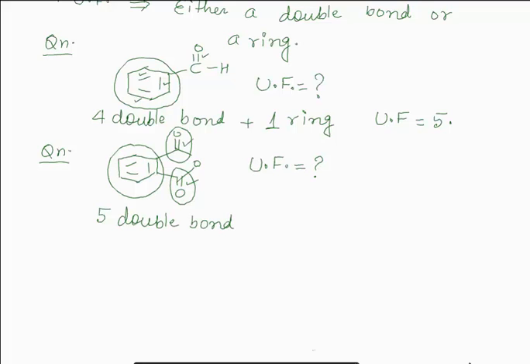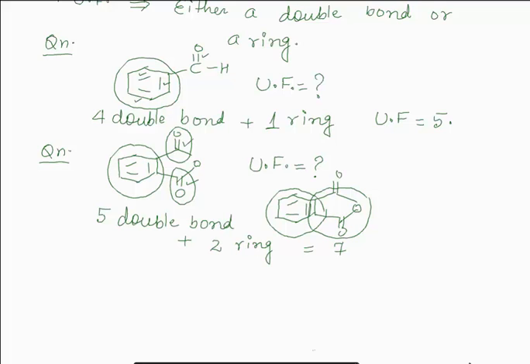And we have 2 rings. So this is one ring and this is also one ring. So this part is counted as a ring, and this part is also counted as a ring. So total unsaturation factor in this case is 5 plus 2, that is 7.